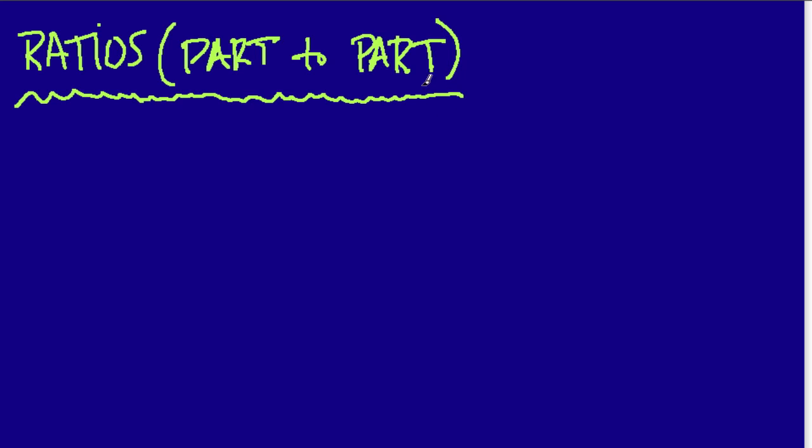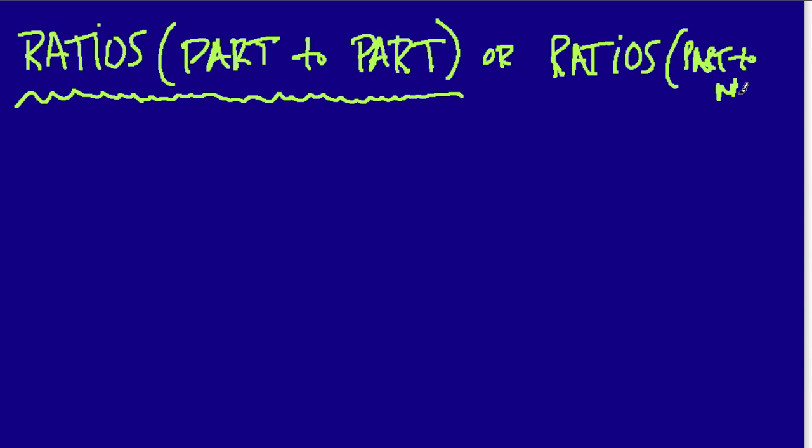You always want to be aware, is our ratio part-to-part? Or sometimes ratios, I mean, they can always be used this way, but sometimes it doesn't always happen. They could be used as a part-to-whole relationship. And let me explain the difference.